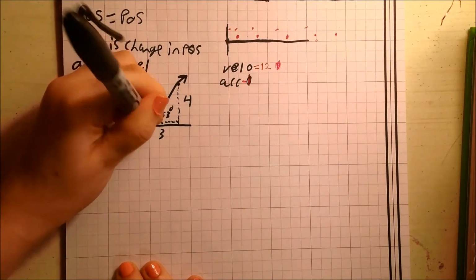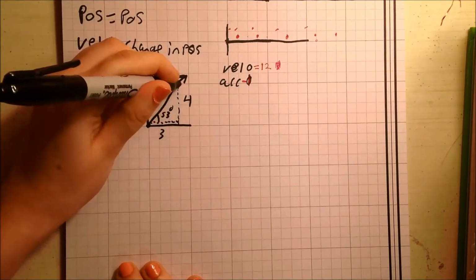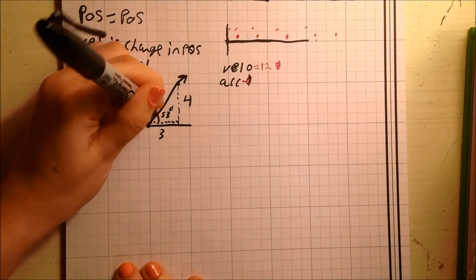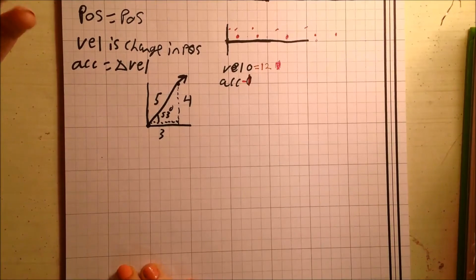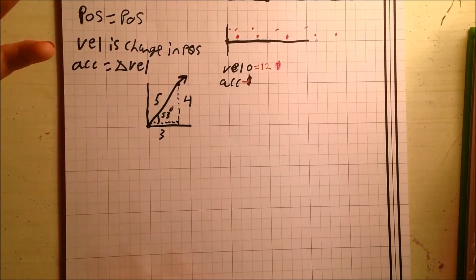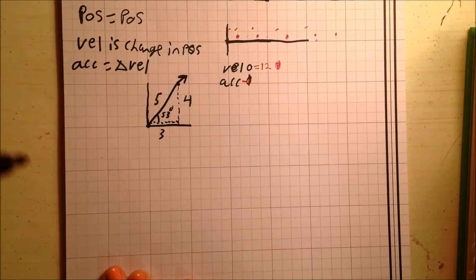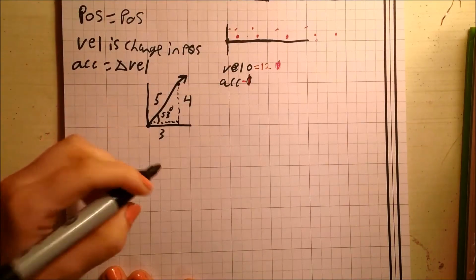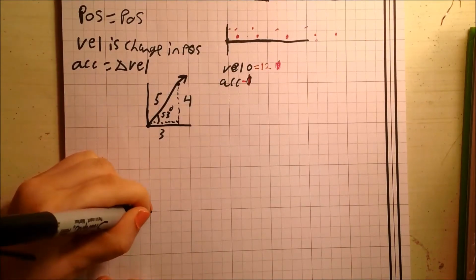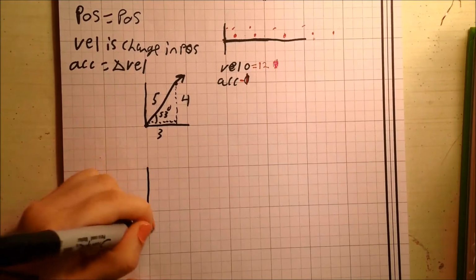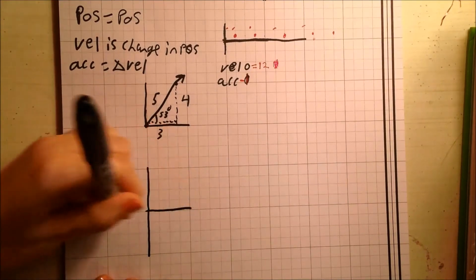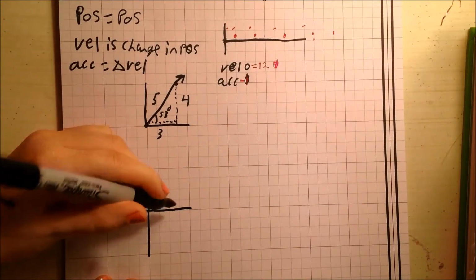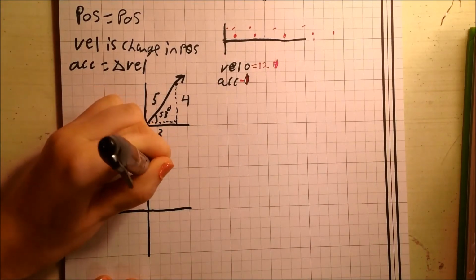At any given update, you go over 3, up 4, or you move a distance of 5 at an angle of 53 degrees. So how does that help us with the spaceship? Well, it's moving in the direction of the forward vector, which actually is a unit vector. So I'm going to drastically change my scale and call each 4 squares 1 unit.